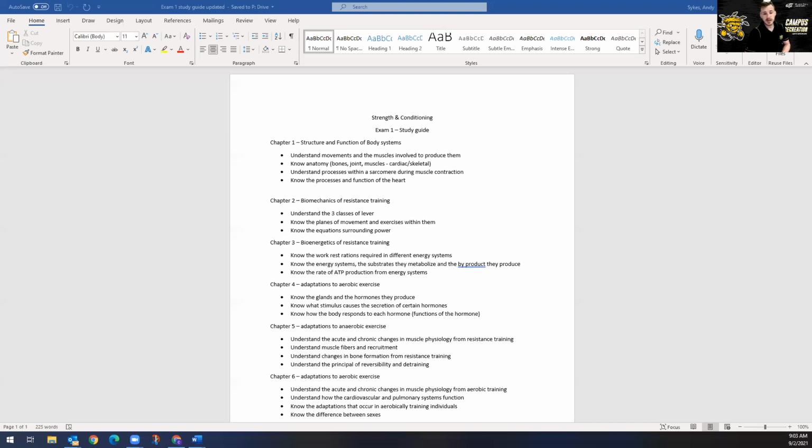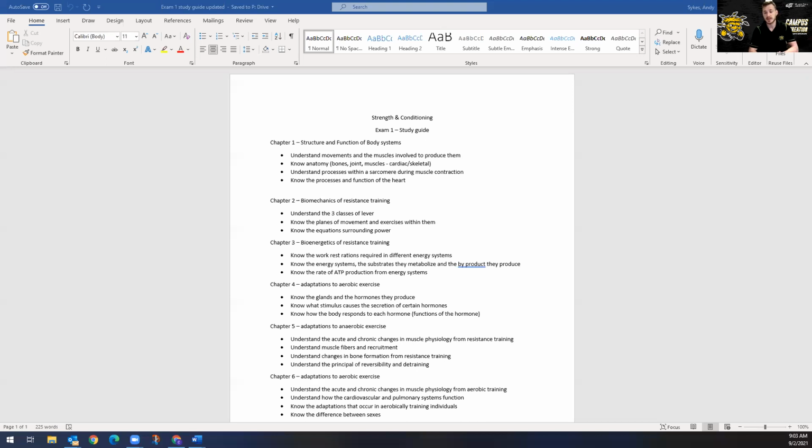The synergists assist those movements, a lot of the time that's stabilization. If you have an exercise example, know what's developing that movement. We've covered a few so far within our class time.